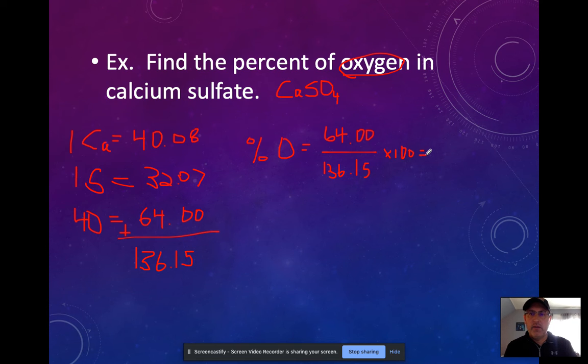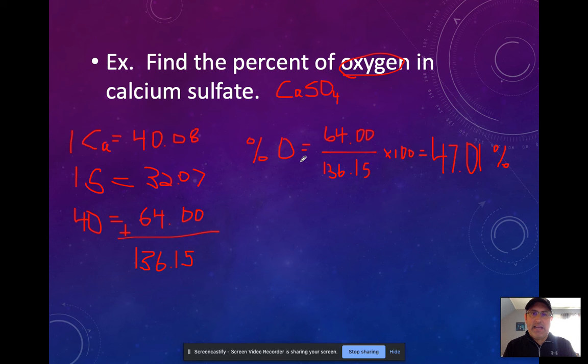And that's going to give me an answer of, here we go, 64 divided by 136.15 times 100, like 47.01%. 47.01% oxygen in that compound. Okay. So that's it. You don't have to do the other ones. Just have to go through and do the oxygen.